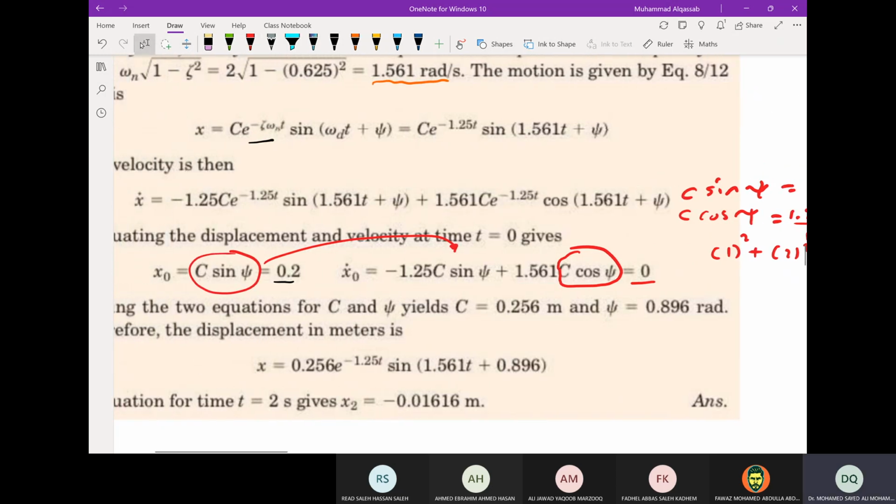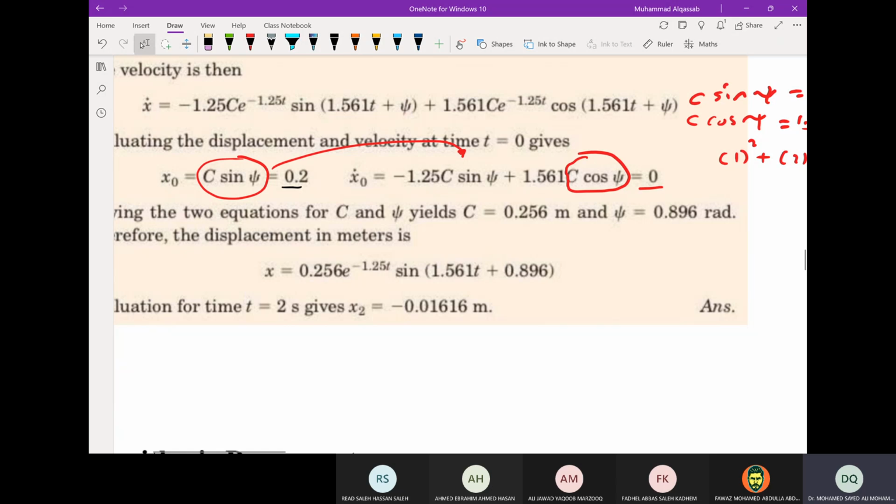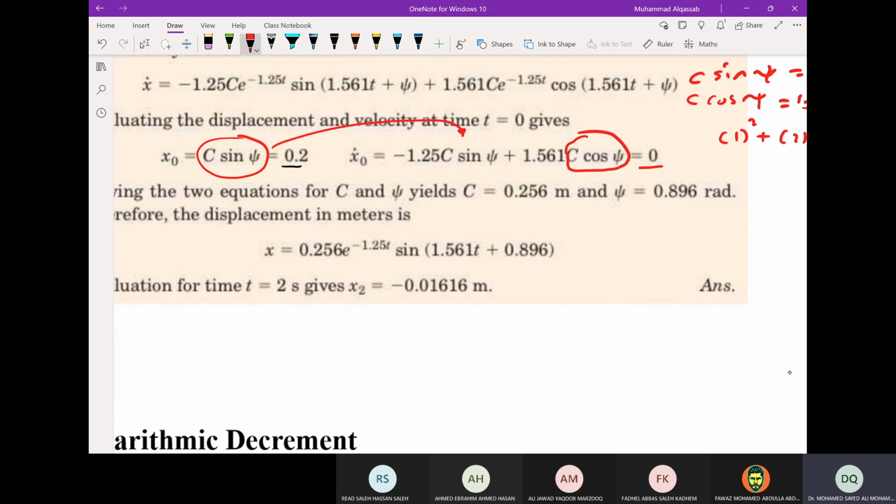So the answers are: c is 0.256 and psi equal to 0.896 radian. This is in radian, and even if you get this in the calculator, use the radian mode, not degrees.